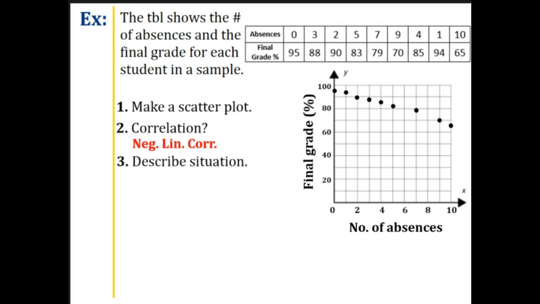Let's describe it in a sentence, like we did for your homework last night. As what increases, what decreases? Christian? Perfect. So as the number of absences increase, the final grade decreases.